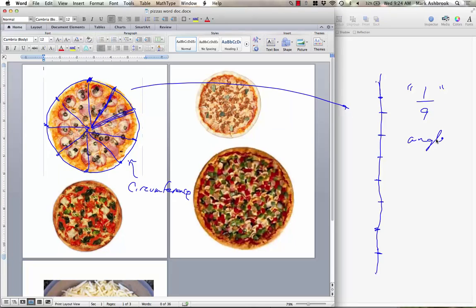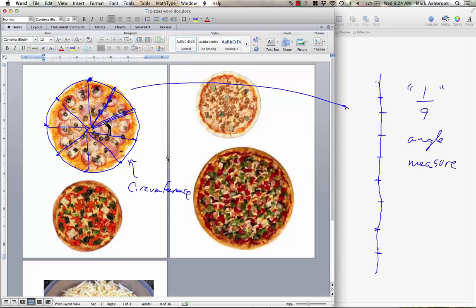Angle measure. Why? Because it's the amount of openness that corresponds to 1/9 of a full circle or full rotation. So that angle, that amount of openness right there, we'll start by saying that's a 1/9 angle.